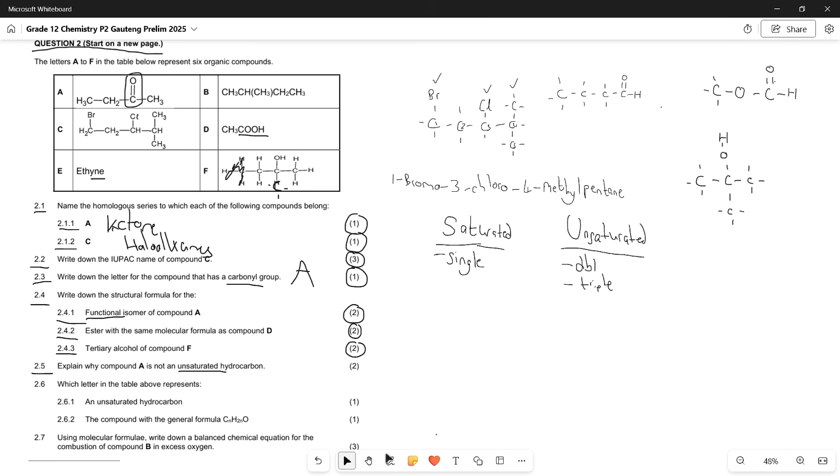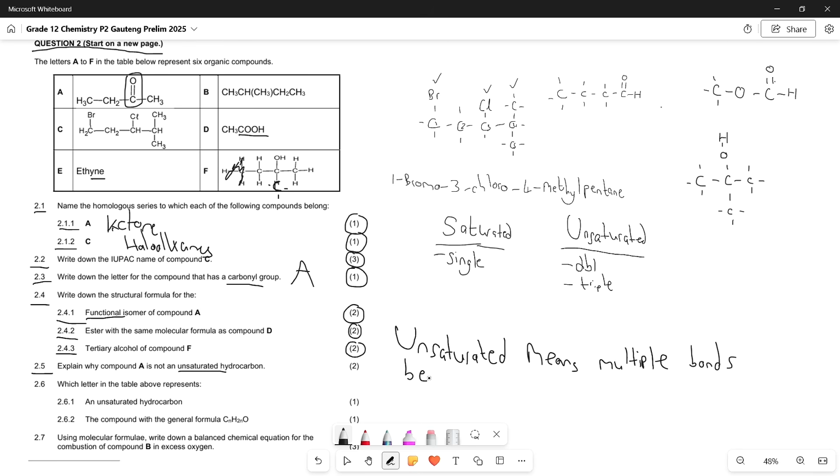2 marks here, which means there's 2 parts that we have to refer to. First, we don't see any double bonds or multiple bonds between any of the C atoms in our hydrocarbon chain. So we can write unsaturated means multiple bonds between 2 C atoms. So that will earn us 1 mark over there.